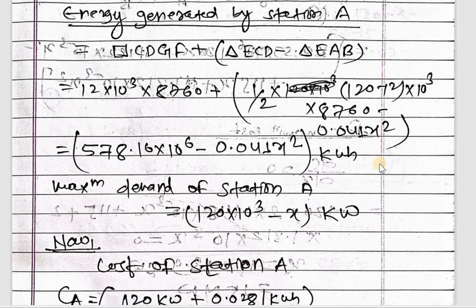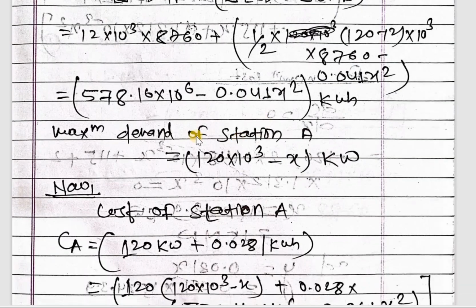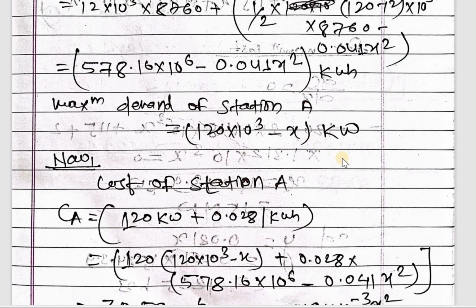Then we can get this value for the generating capacity of station A. And the maximum demand for station A is 120 into 10 to the power 3 minus X kilowatt.